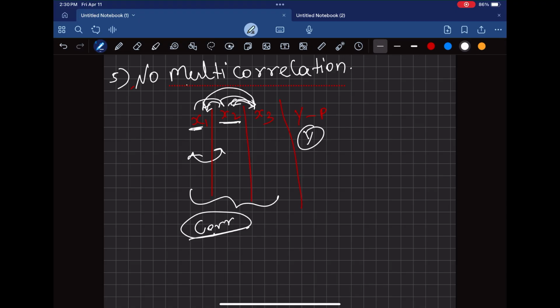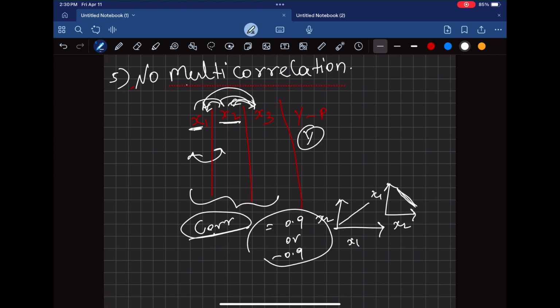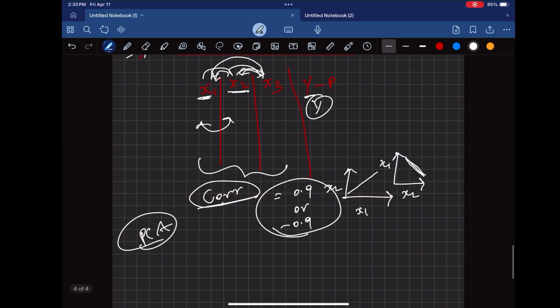For example, if x1 and x2 are highly correlated, say the correlation is 0.9 or negative 0.9, what does 0.9 positive mean? If x1 is increasing, then x2 is increasing. If it's negative, then if x1 is increasing, x2 is decreasing, the opposite. If they are highly correlated, we can use PCA to combine them and use them together.